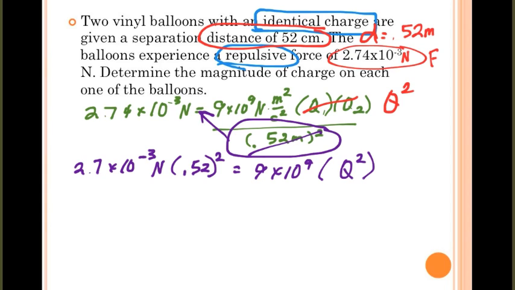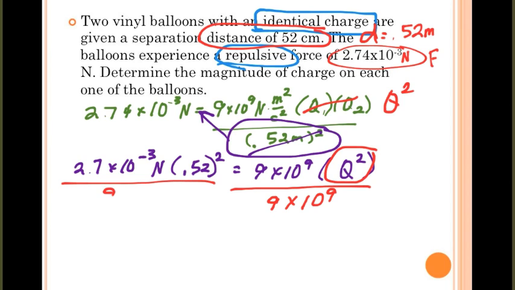Okay, but I still want to find my Q value. So again, I'm isolating the Q. Before I do any calculator math, I'm going to just set it up. I want this by itself. It means I have to get rid of every other term that's present. I'm multiplying here, so I'm going to do the opposite operation. That means I'm going to divide by 9 times 10 to the ninth. What I do to the right-hand side, I have to do to the left-hand side.